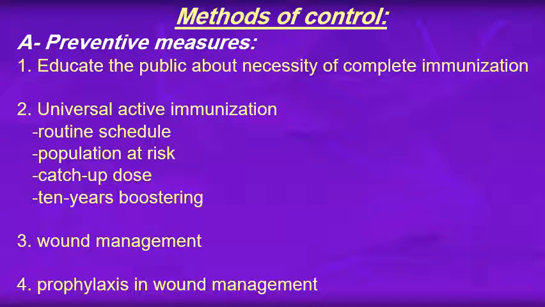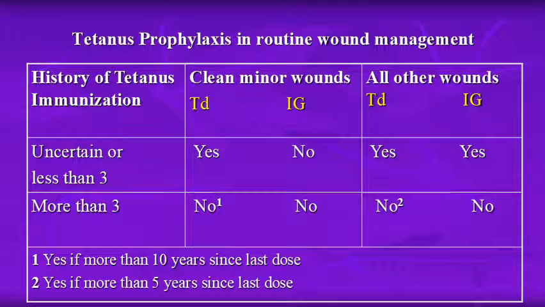Prophylaxis in wound management. After we clean the wound completely, then we will see what we need here. This is the table for giving tetanus toxoid to the patient or immunoglobulin.